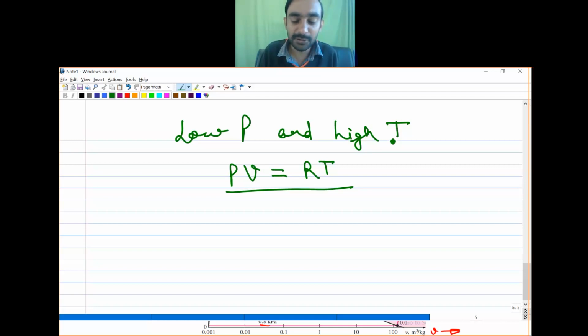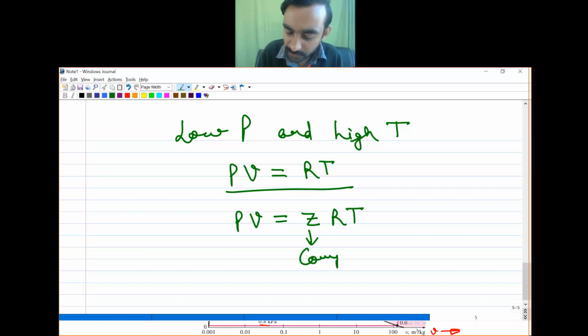In that case we have variation in the behavior of the gas. These gases we often call real gases, and their behavior cannot be expressed by the equation of state PV = RT. For such gases we say PV = ZRT, where Z is referred to as the compressibility factor.